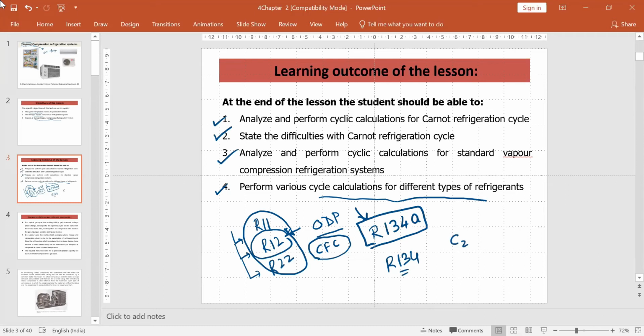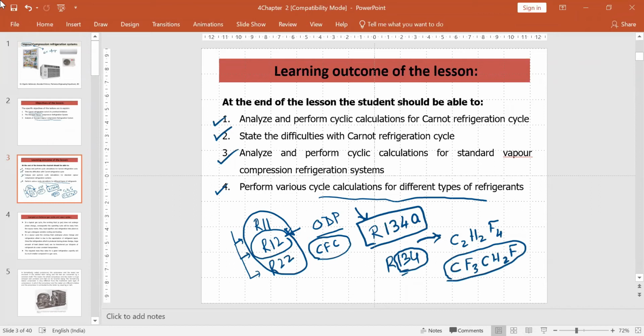Its chemical formula is C2H2F4. So we can write it as CF3CH2F. In the last class, we calculated how 134 comes out to this chemical formula.